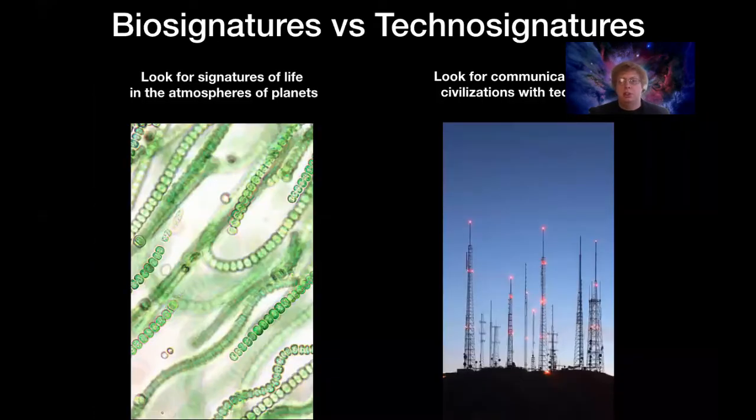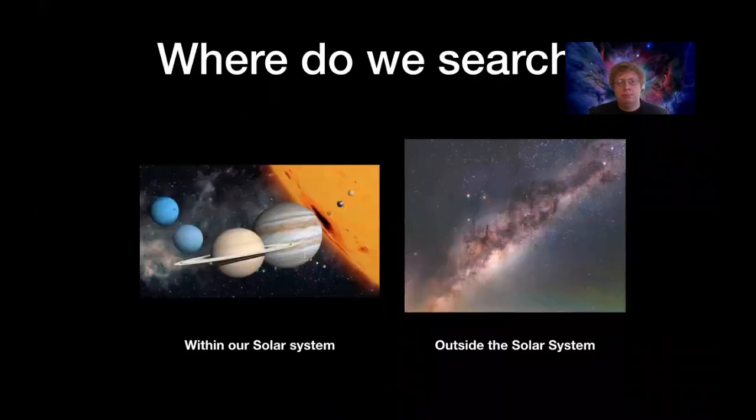This opens up another debate whether or not we should be looking for biosignatures, which are the signatures of life that are just produced by any life, not necessarily intelligent life or life that's been able to develop technology, versus technosignatures, the signatures that are characteristic of species who've achieved advanced technology and who can build and modify their environments in different ways. We'll discuss this later on in the course as well.